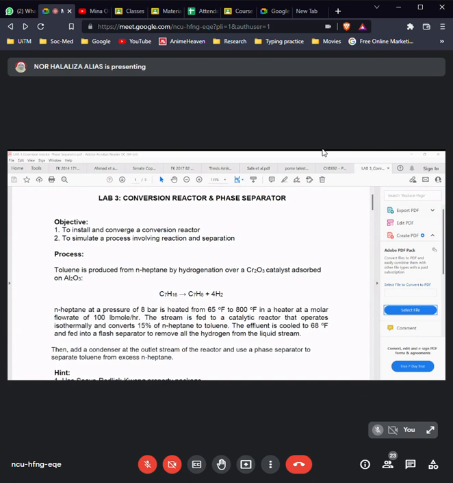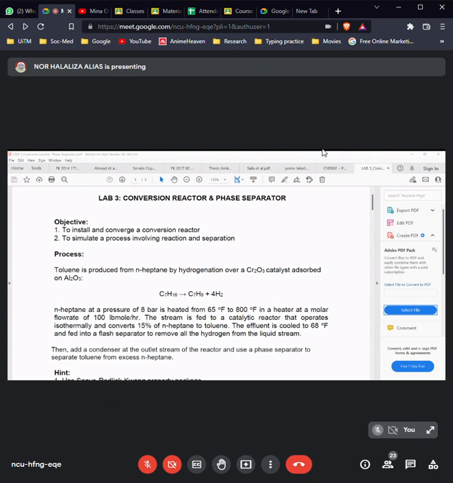Okay, but the properties of the catalyst we do not put into the HYSYS. Okay, that one later on. Dalam PFR nanti kita akan tengok contoh macam mana you nak include the catalyst info. Okay, so we proceed with the conversion reactor. So we did not include the catalyst.